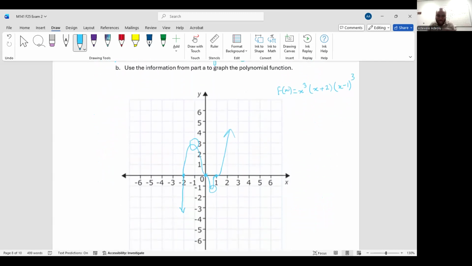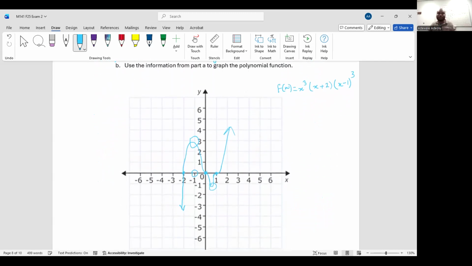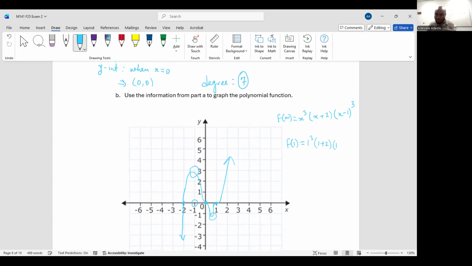All I need to do, guys, is let me evaluate f of 1. F of 1, so that is 1 cubed, 1 plus 2, and 1 minus 1.